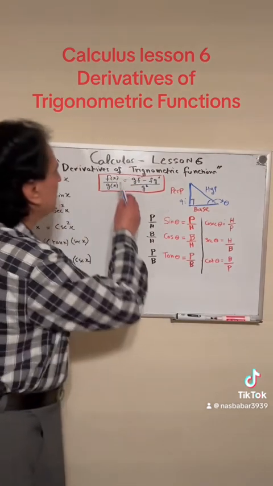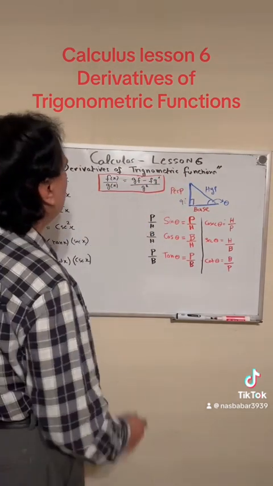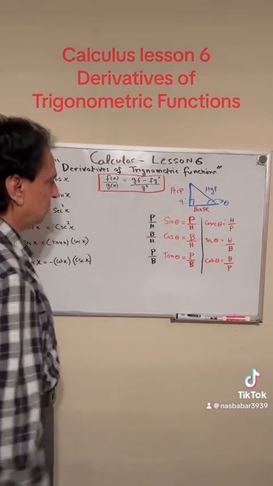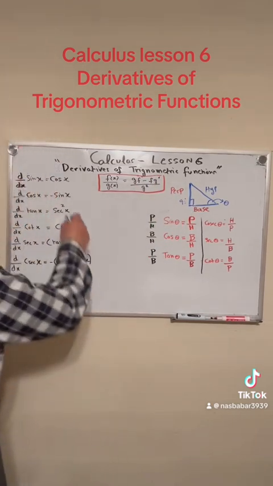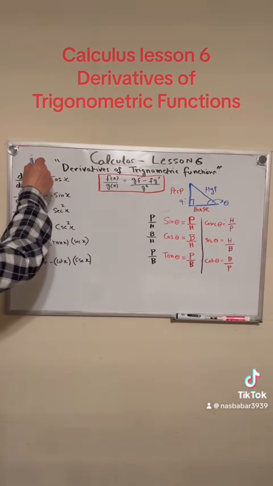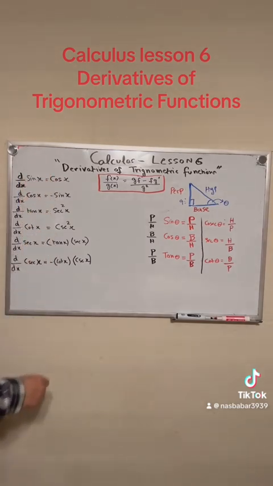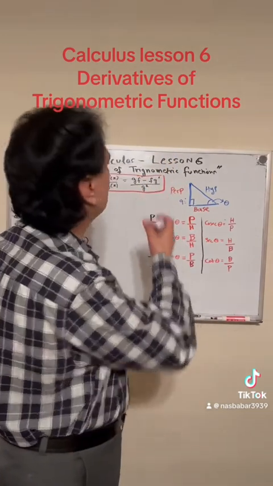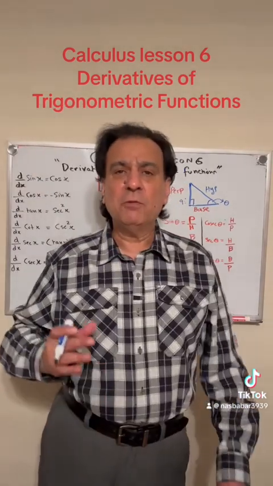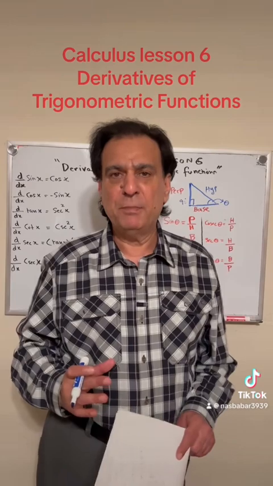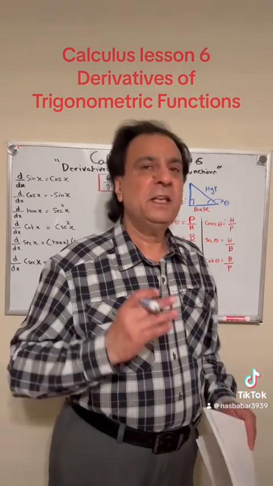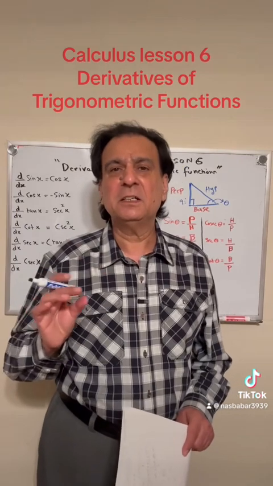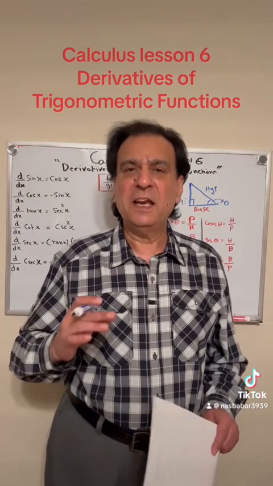Today's topic is Calculus Lesson 6, and we're going to discuss derivatives of trigonometric functions. I've got all those functions' derivatives listed right here. But before we dive into the derivatives of the trigonometric functions, I would like to refresh your memory on what the sine of an angle is, what the cosine of an angle is, the tangent of an angle, and their inverses.